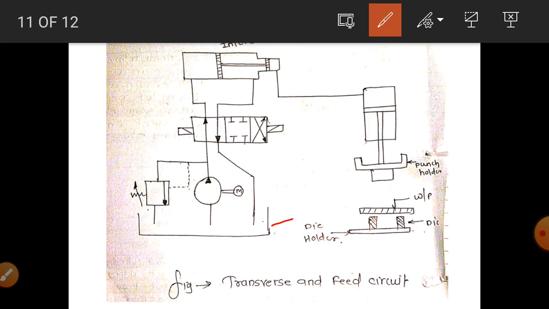It consists of a reservoir, pump, directional control valve, actuator, intensifier. This instrument is known as an intensifier. And this is an application based circuit diagram of a traverse and feed circuit. This is a pressure relief valve.